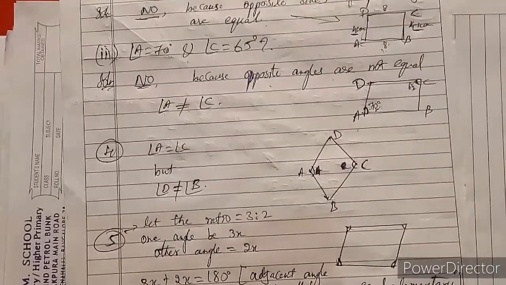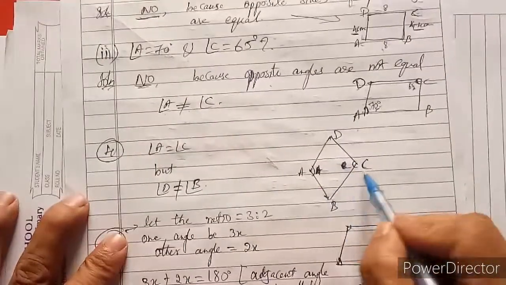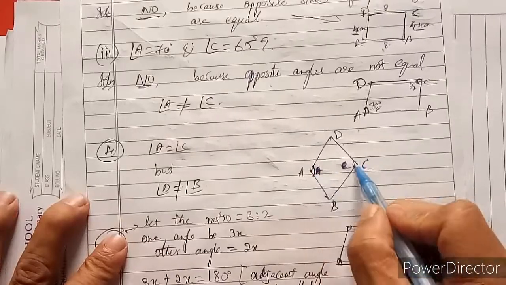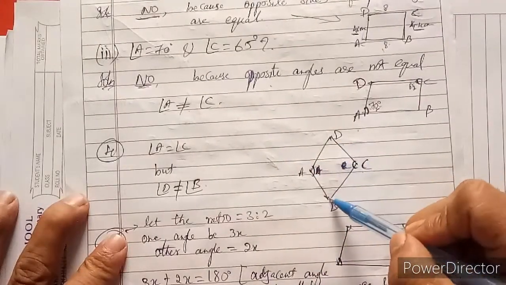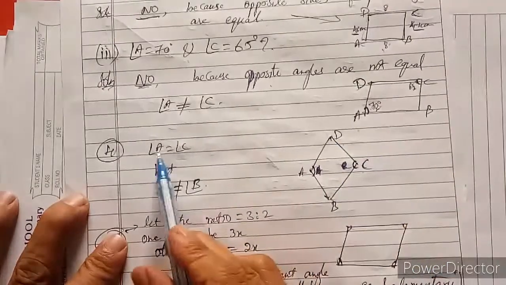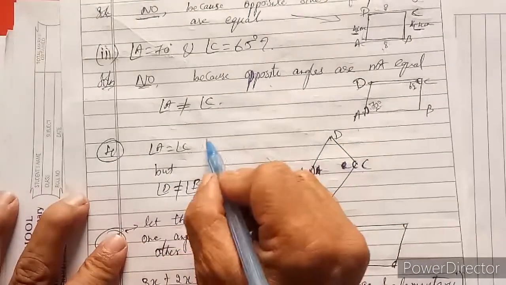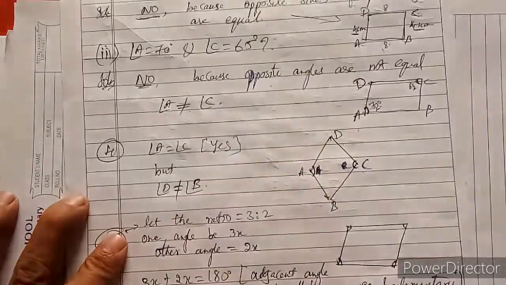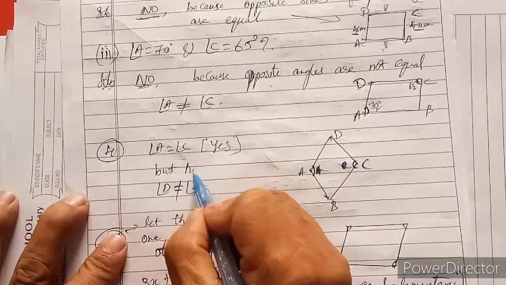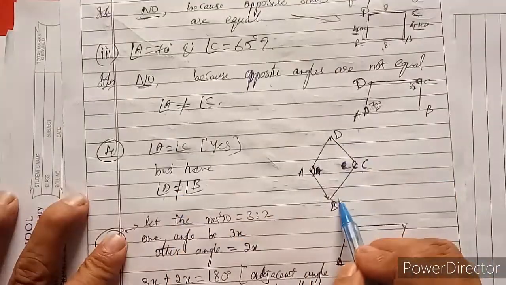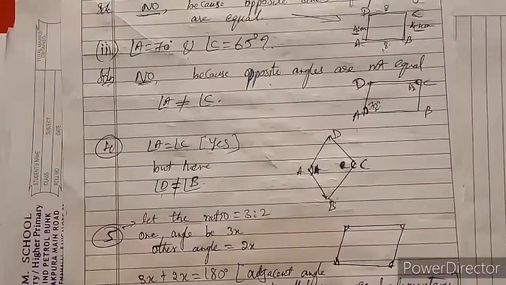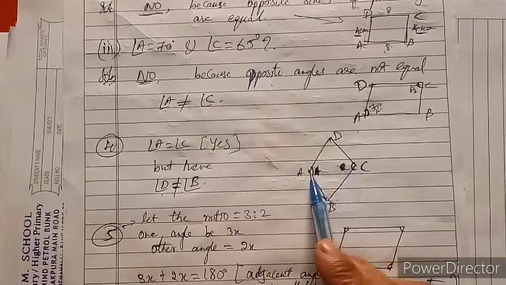So I drew ABCD, where this angle is equal to this angle, but these two angles are not equal. Understood? Angle A is equal to angle C, it is possible, we can write yes, but here angle D is not equal to angle B. Understood? Okay, but we got two angles that are equal.